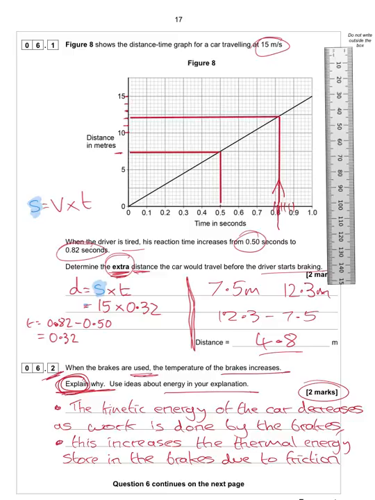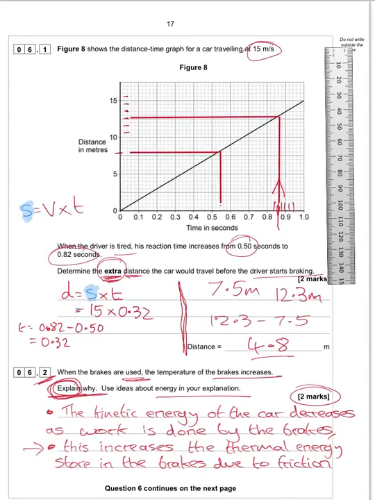Using bullet points has allowed me to put my answers in a logical order and again tell the story of what's happening. So the kinetic energy of the car decreases as work is done by the brakes. What does that mean? That means that the thermal energy in the brakes is increased due to the friction between the brakes and the wheels as they move. Okay, so we're just going to move on to the next page.